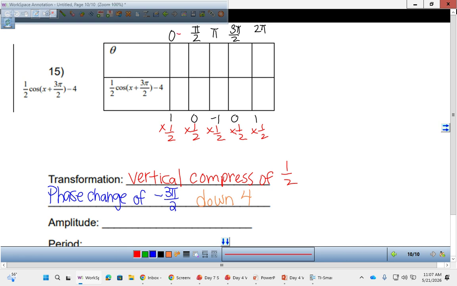So I'm going to subtract 3 pi over 2 from all the x values. And down 4 is an up and down change. So that's y values, and down is a minus.